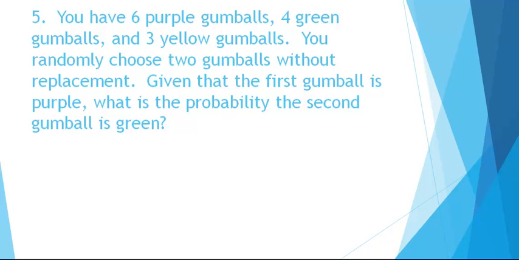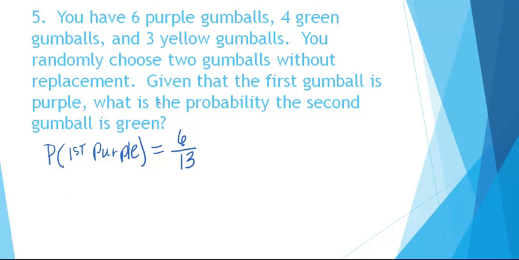Okay. Let's go ahead and take a look at this. So we have 6 purple, 4 green, and 3 yellow gumballs. And you randomly choose 2 gumballs without replacement. Given that the first gumball is purple, what is the probability the second gumball is green? Okay, so let's look at the first purple. We know that there are 6 purple out of 13 total gumballs.